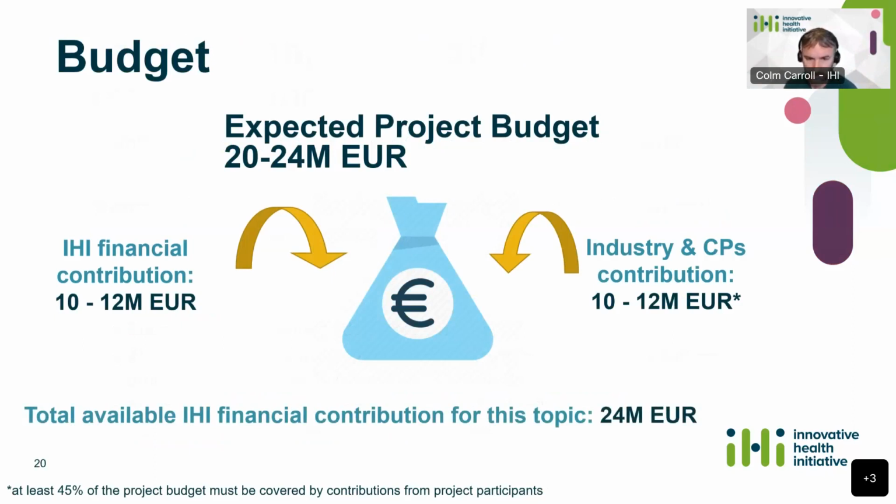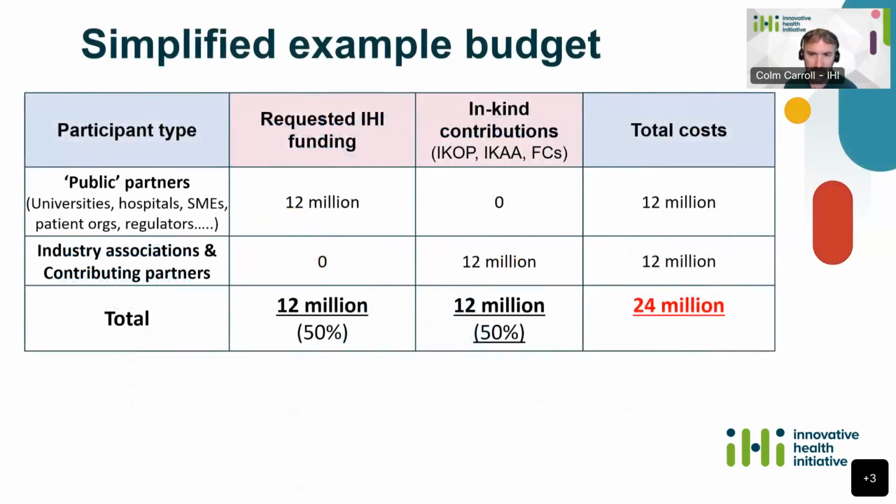So next slide, please. Because the budgets are complex, I've taken the information from previous slides and put them into a simplified table as it would look in your proposal. You list all the organizations on the left-hand side of your budget table, and then across the table you put their budgets requested.